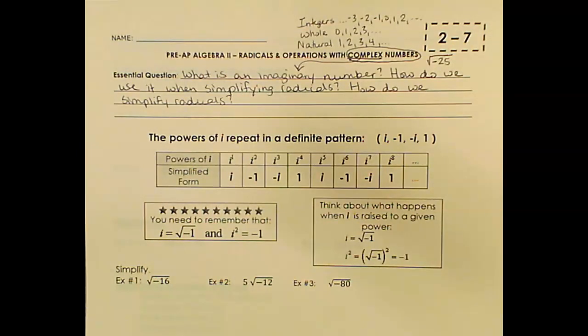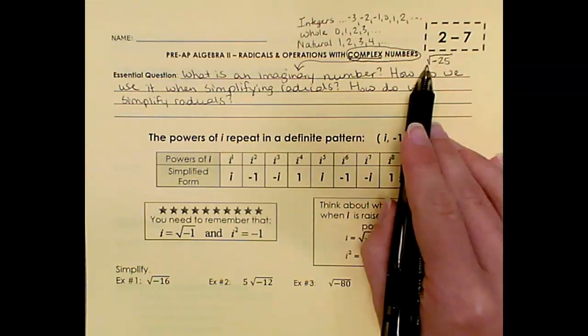So there's no great place to start when describing complex numbers, so I'm just going to describe what you see next in your notes. It says the powers of i repeat in a definite pattern. i means a complex component to your number. Component means piece. So i just means there's a complex or imaginary piece to your number.